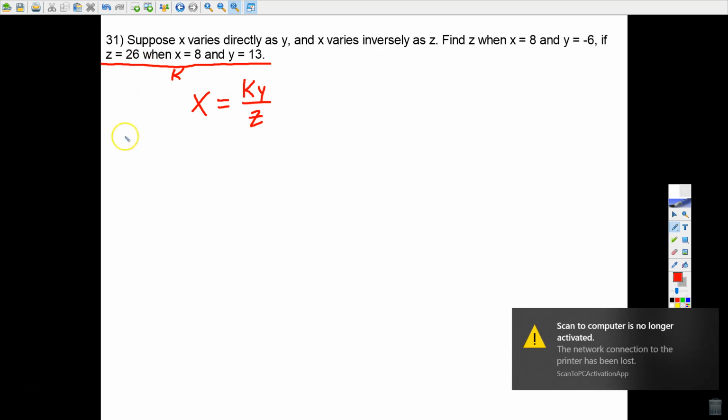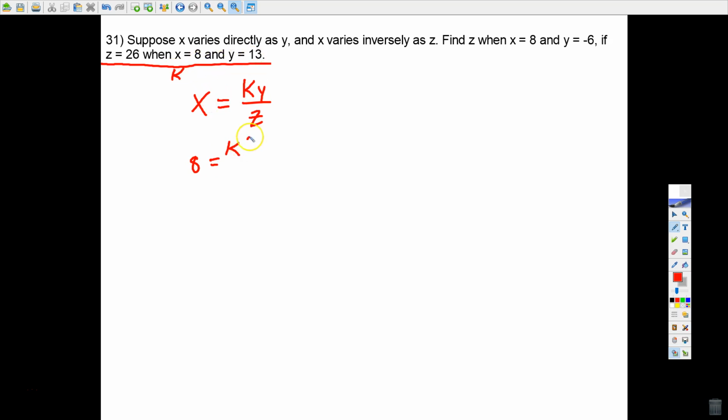Alright, so let's substitute. X is 8, looking for k, y is 13, and z is 26. Okay, I'm going to multiply 26 on both sides, so calculator time, 26 times 8, that's 208.